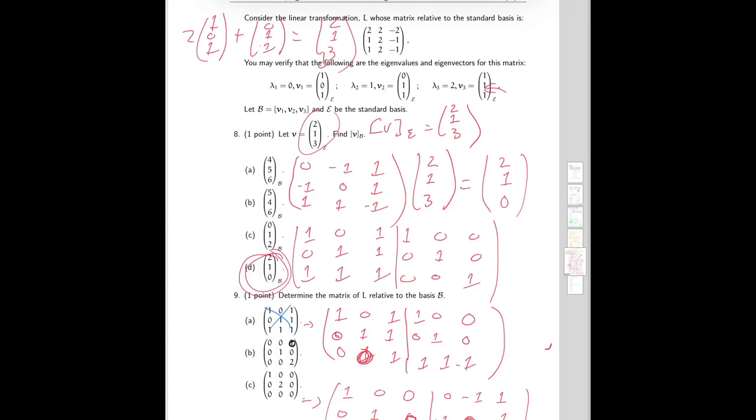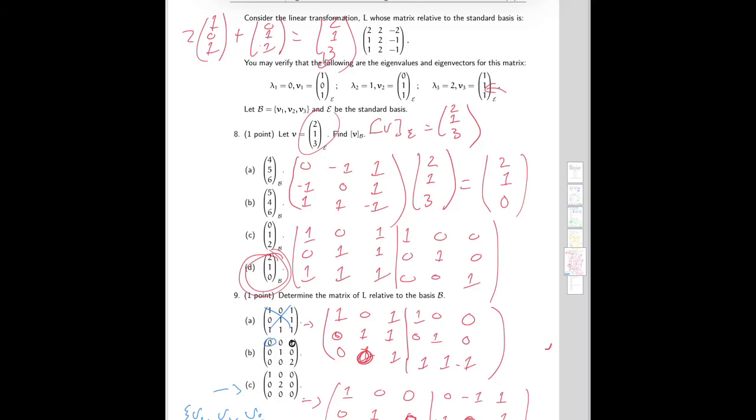Now don't get confused. Both B and C are diagonal and have the eigenvalues on the diagonal. But remember, a basis is ordered. It has v1, v2, v3. So the basis v1, v2, v3 is different from the basis v2, v3, v1. This would be the matrix relative to the basis v2, v3, v1. But the basis is v1, v2, v3.